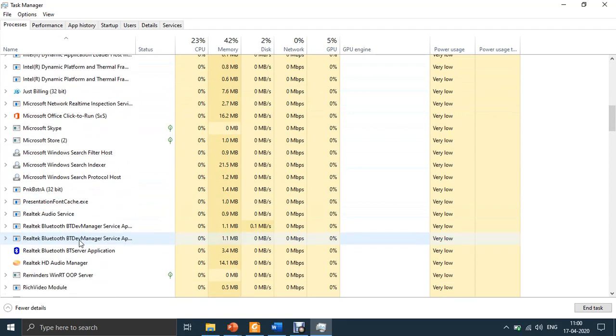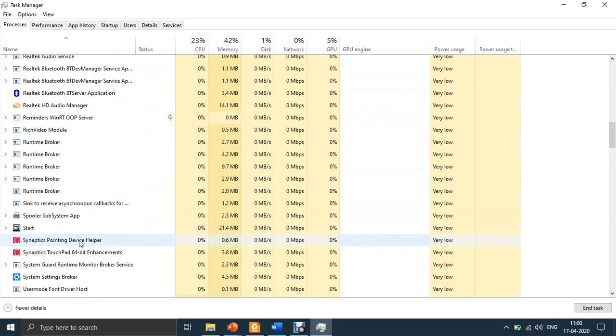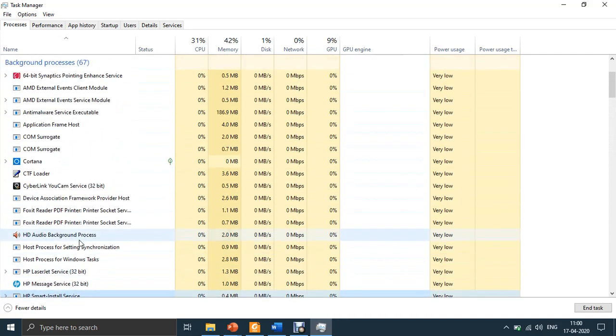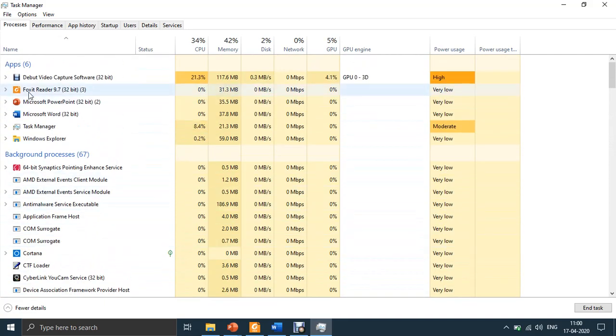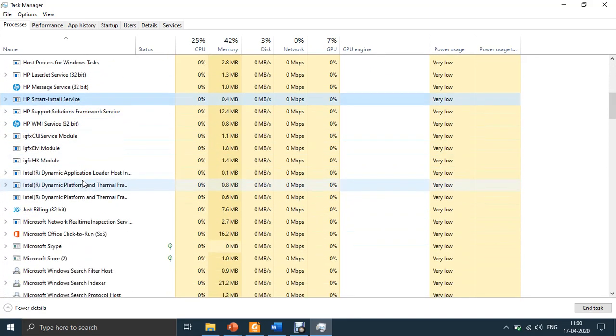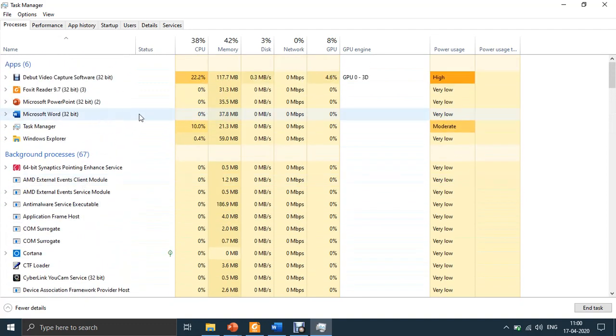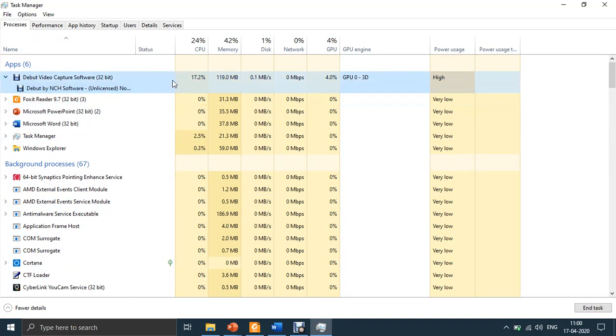If these work properly, the operating system will work properly. So totally you can see how many processes are there. Even though I am running only 6 applications, these are the background applications that are running, and these are nothing but processes. Hope you are getting it. Each process will have multiple threads.